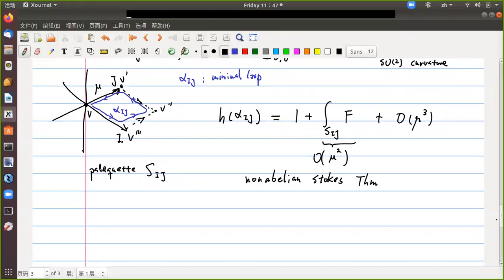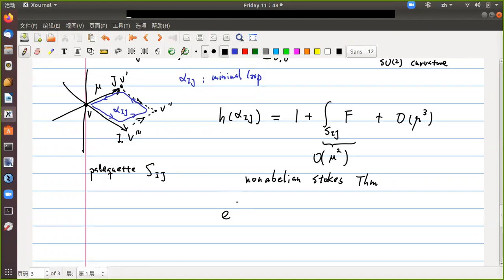Let's come to the abelian Stokes theorem, the usual Stokes theorem. Let's consider just an abelian group. Here obviously our gauge group is SU2, so it's a non-abelian group. Suppose you consider just the electromagnetic field. The gauge group is just U1, an abelian gauge group, and you consider a U1 connection.